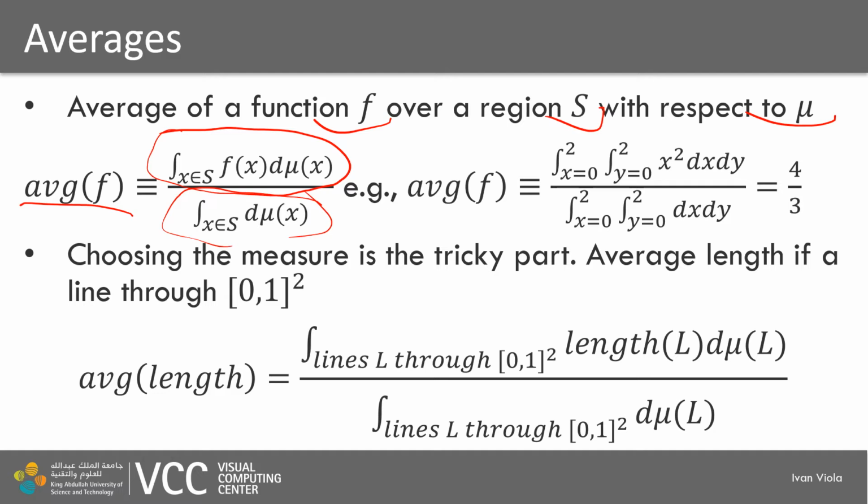For example, we can calculate an average value of a function f, where f(x, y) is equal to x squared, and the average value of such a function over the area between x equals 0 and 2 and y equals 0 and 2 is 4/3. So we can easily calculate an average value of a function over a certain domain.